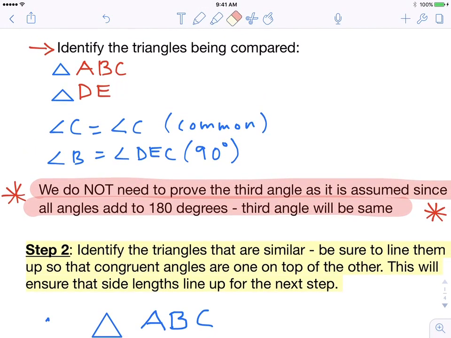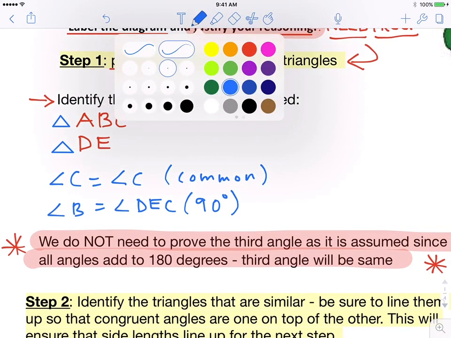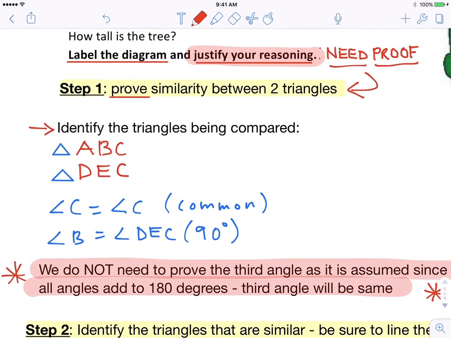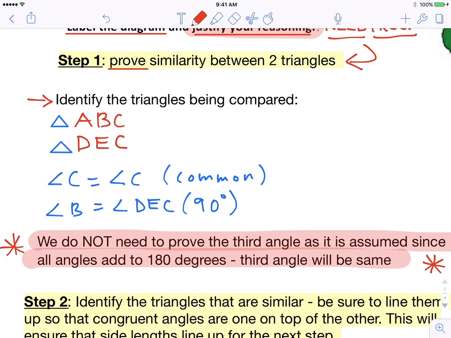I labeled that D, E, F, but it'll be D, E, C. So let's change that right now. Okay, so we know that these are the two triangles, ABC and DEC. I can't write that they're similar yet because we haven't proven the similarity. All I can do is identify the triangles. That's why I purposely used the word identify, so you don't have to write this when you're doing your work.